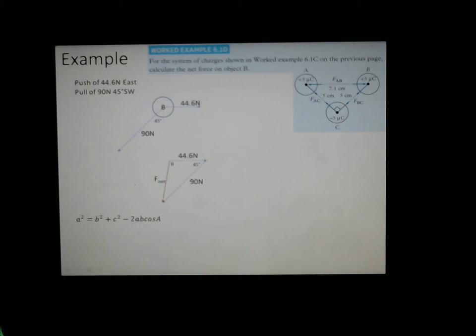that's wrong. Sorry, that should read BC cos theta. Let's see what's the quickest way to fix that.